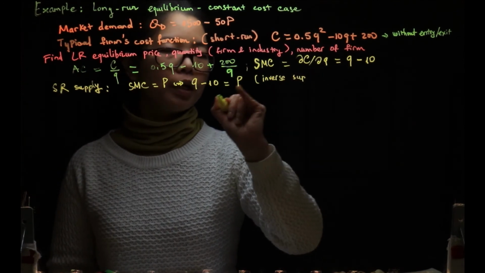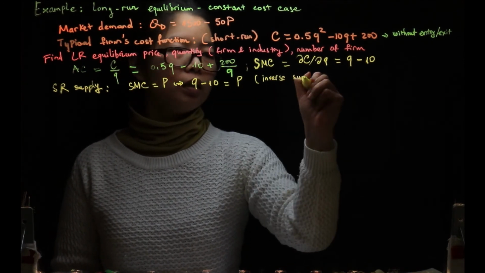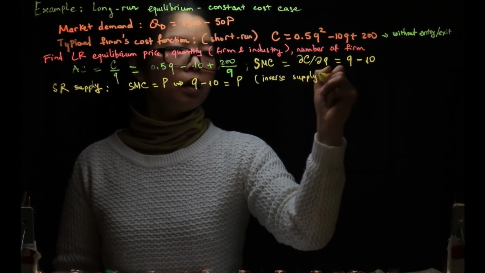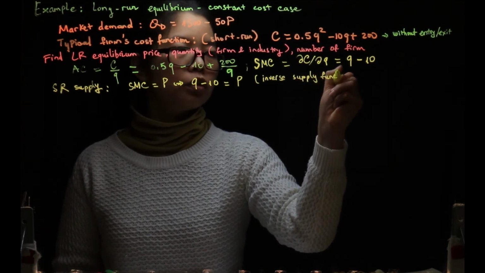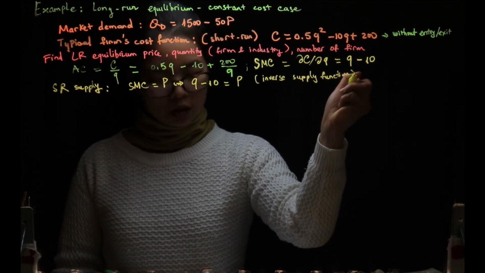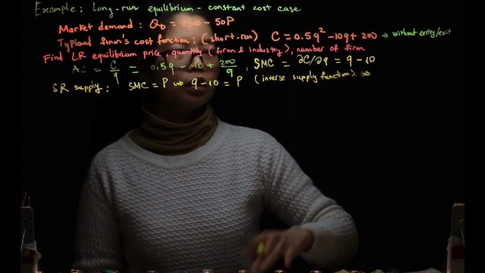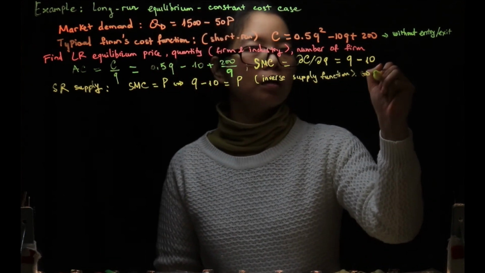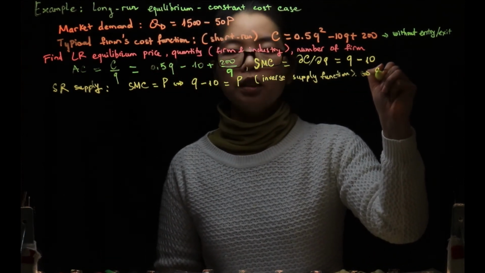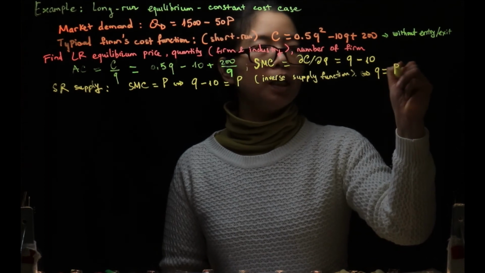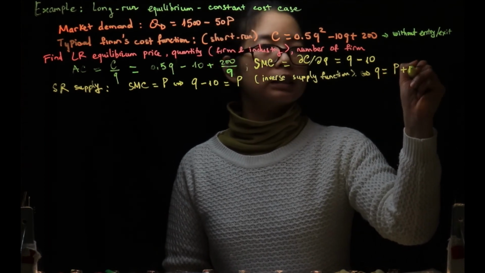Because we're writing P as a function of Q. Therefore, we need to transform it to the normal supply function of the firm, which is Q equals P plus 10.